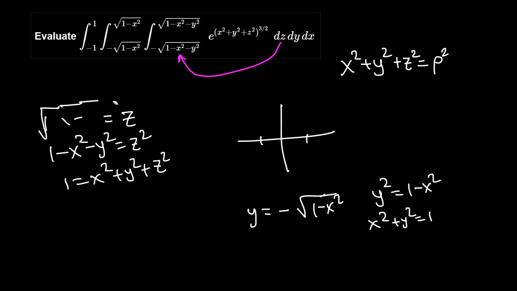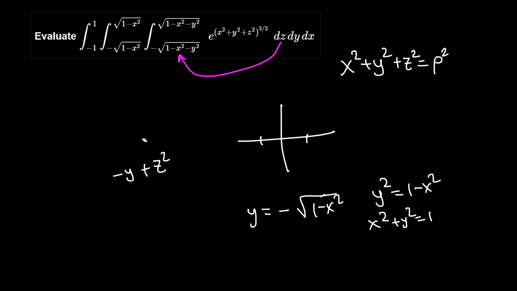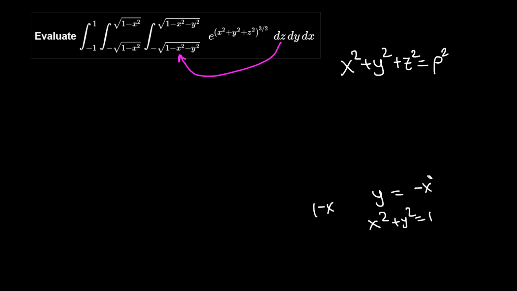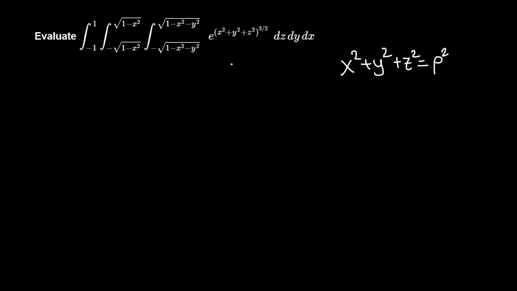So basically we are integrating this function on a unit ball. Unit ball, that means we know the limits in terms of spherical coordinates, rho, theta, and phi.